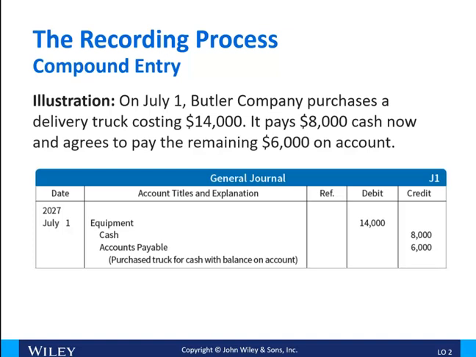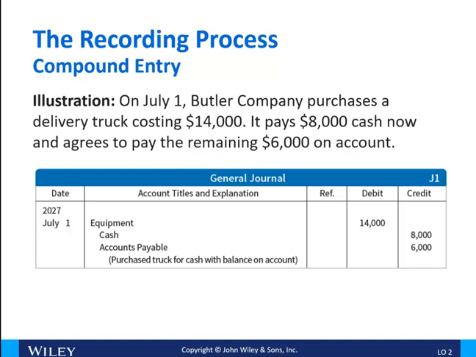Here's a compound entry. So we talked about debits must equal credits, and each transaction must debit at least one account and credit at least one account. You can have transactions where more than one account is debited and more than one account is credited. Okay, so it can be either multiple of each or a single of one and multiple of others.